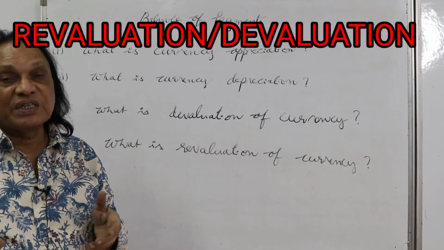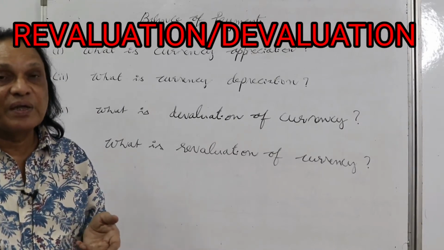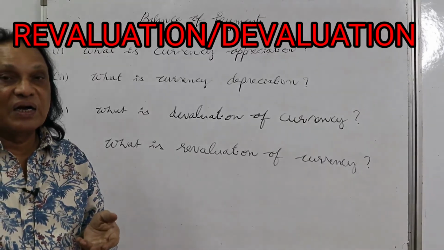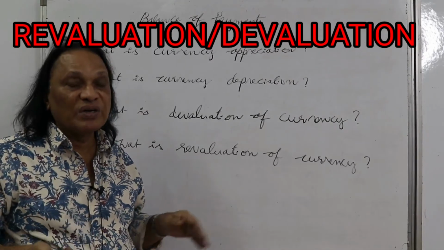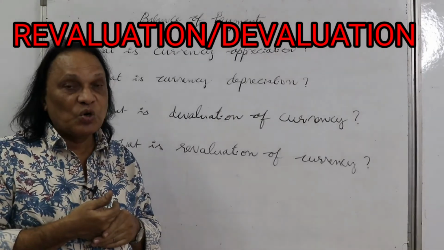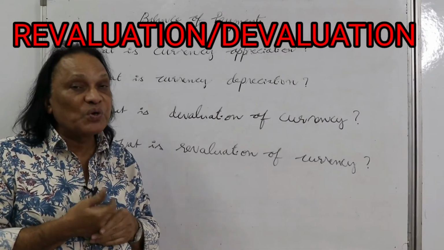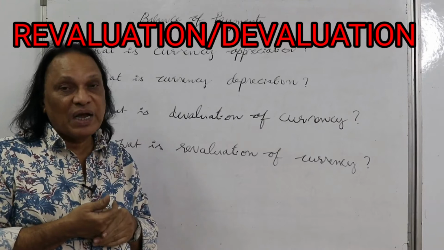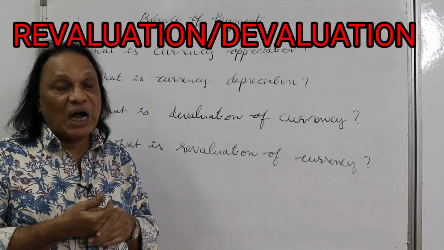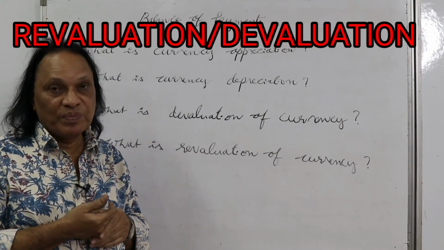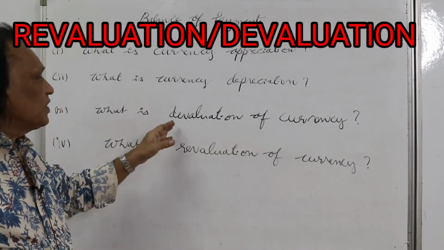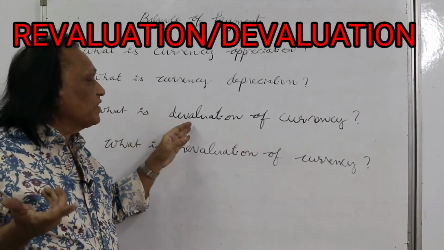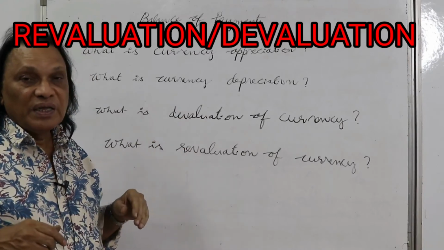When there is revaluation of our currency, what happens? They have to pay more dollars to rupees. So our exports will come down, but our imports will go up. And what is devaluation of currency? Devaluation is the term we use under fixed exchange rate system.